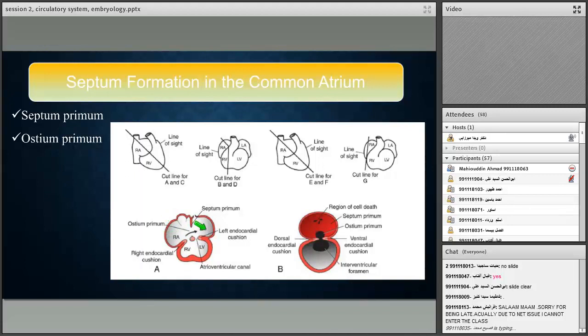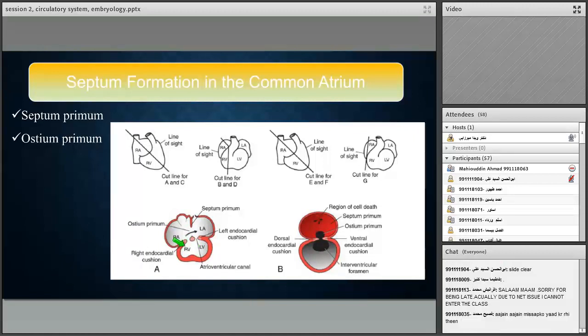Remember that we had a common atrium and then the ventricular part, the left ventricle and then the bulbus cordis. Here also we can see the ventricular part, and this is the common atrium. So this septum primum is growing toward the atrioventricular canal.